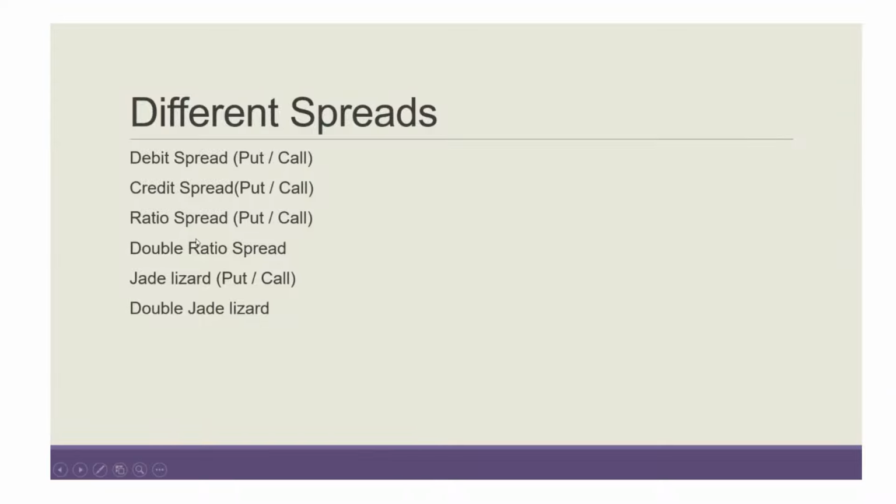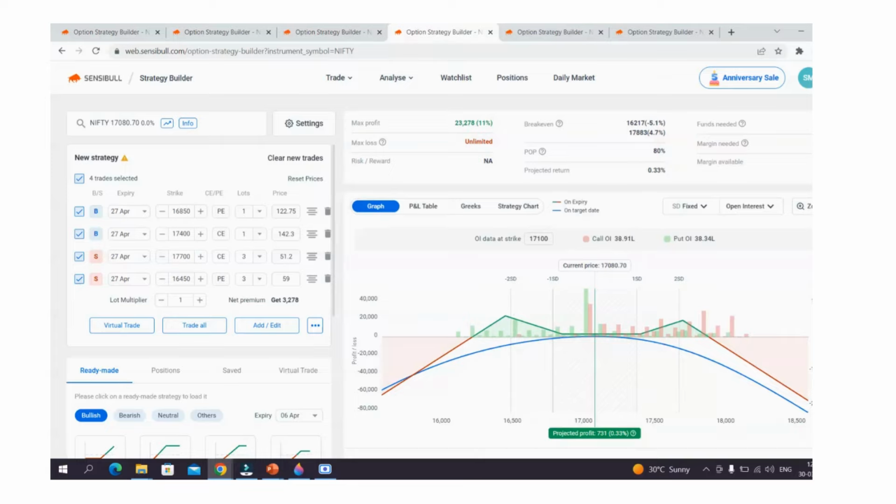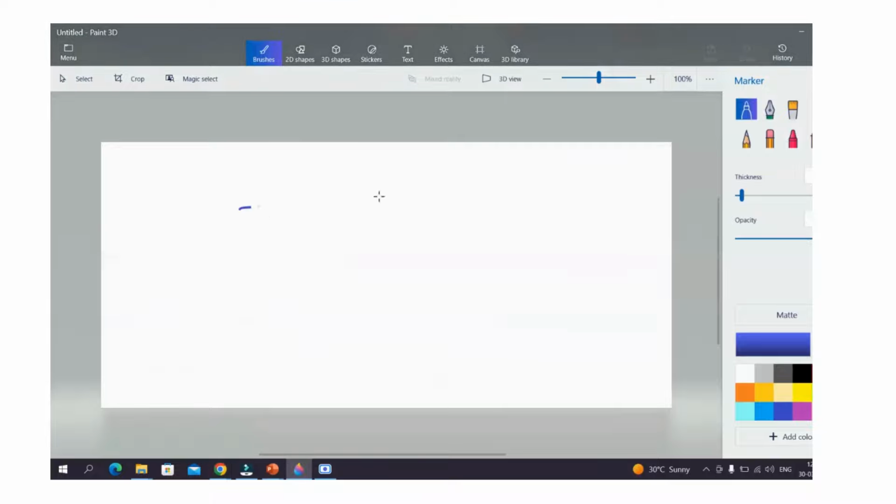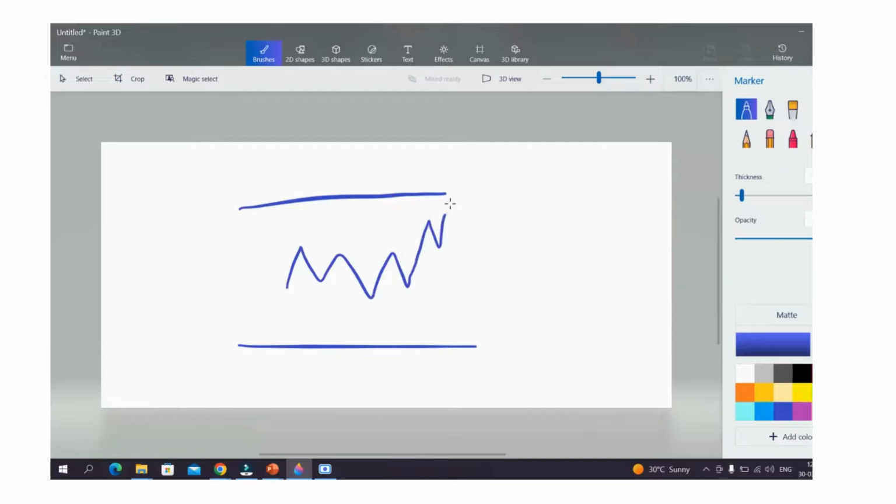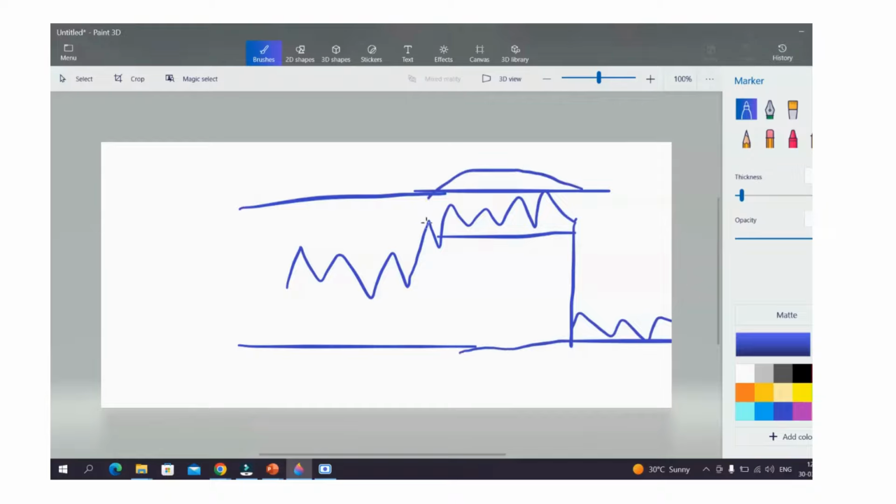Now we will see what is double ratio spread or double Jade Lizard. When do we go for double ratio spread? Okay, let me come to the notepad. There is a support and resistance, Nifty or Bank Nifty or any option is playing within this range, and at expiry you have a doubt that either it comes to the support or it may play in the support or resistance zone.